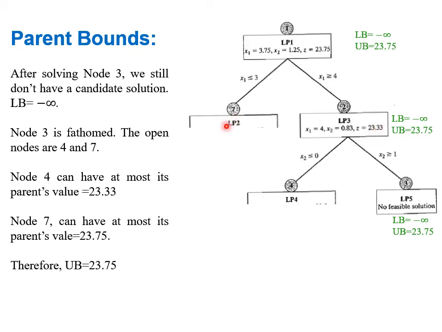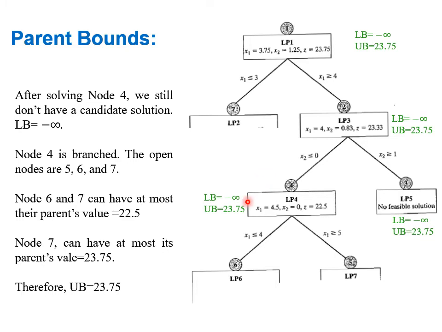The other unexplored node is node 7. When we look at its parent, the best possible value from this side is 23.75. So the upper bound will be the maximum of these two values, which is 23.75. So the lower and upper bounds after solving node 3 are still the same.